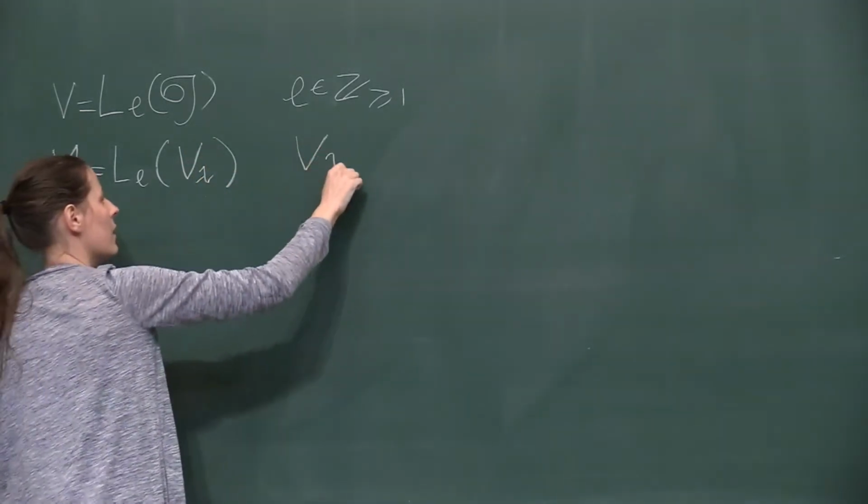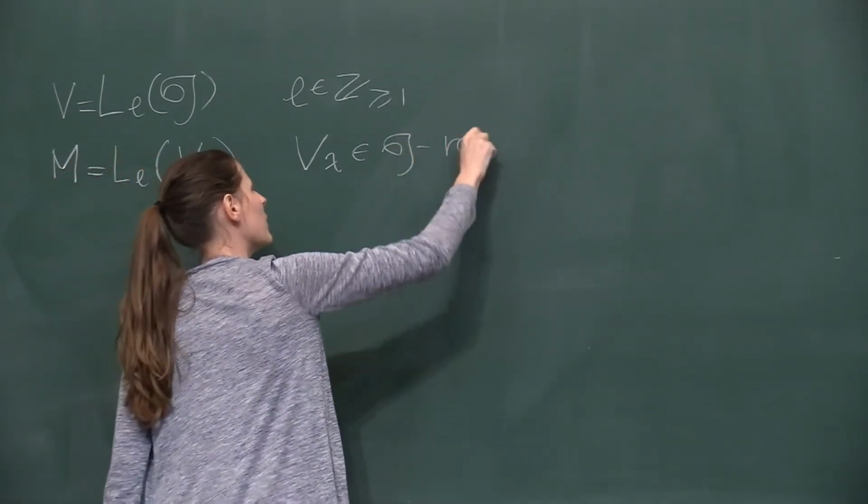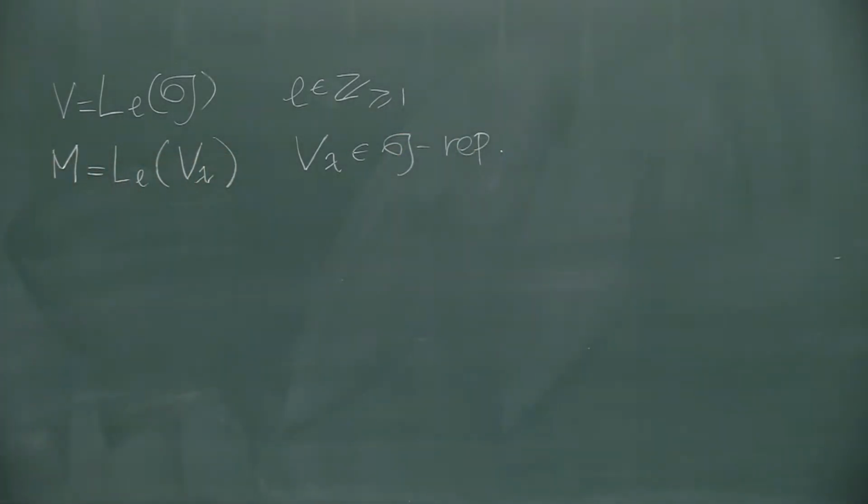So I take an irreducible representation of G of level at most L, and I know that every simple representation of the affine vertex algebra is given by the Verma module construction, induced up to a representation of the affine Lie algebra. Right?